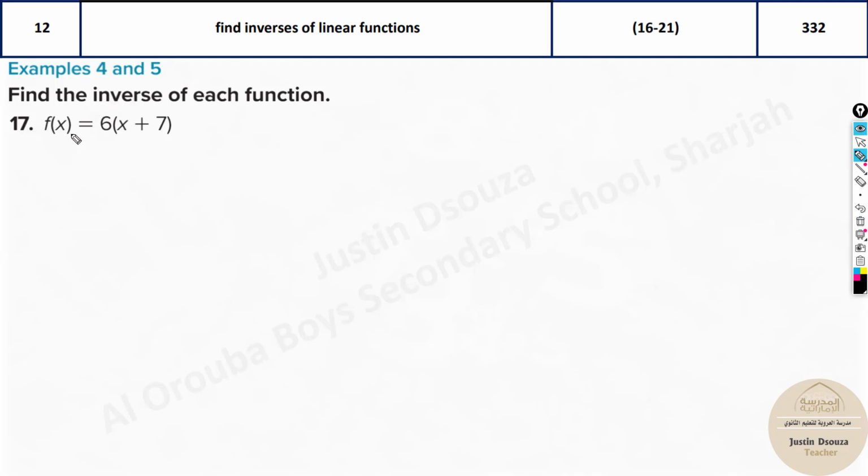If you're doing the method, it is y equals 6 of x plus 7. Swap the y and x, it will be x equals 6 of y plus 7. Now solve for y. So take this to the other side. It will be divided by 6. Oh, now I realize, it's better to multiply this inside, because otherwise it will need an LCM.